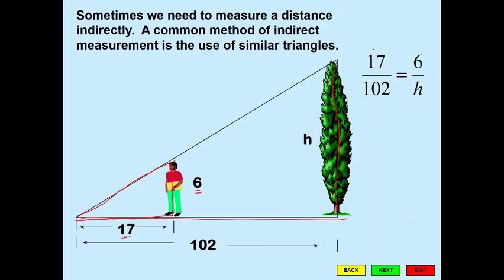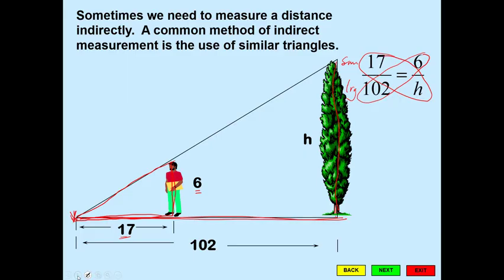Okay, so let's go ahead and set this up. Now notice 17 and 6. 17 and 6 is the small triangle. This is the large triangle, the tree. So we've got 17 on the bottom, and his height is 6. So 17 and 6. What's the length on the bottom for the tree? 102. From this point, it's 102 feet, I would assume. And what's its height? We don't know. Once again, cross multiply.